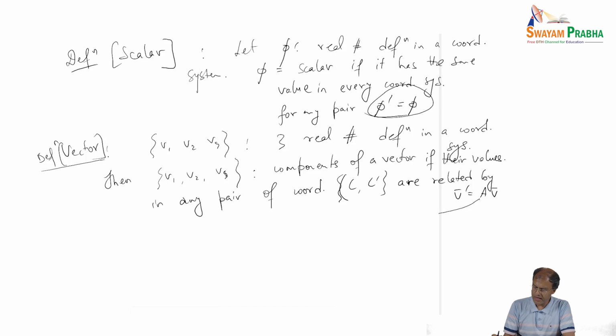So this is how the vectors are related. So this is our transformation matrix, as we saw, the transformation matrix from C to C prime.